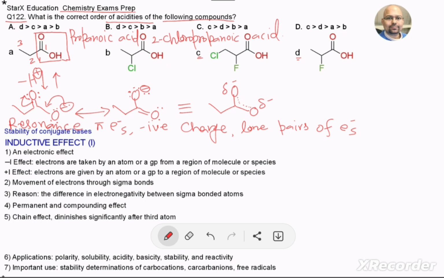So now, to answer this type of question, we need to see the conjugate bases of all of these four species.